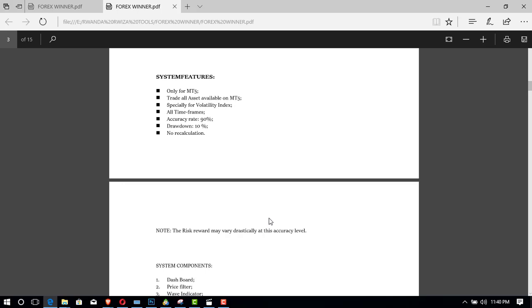Okay, let's continue with the system components. Right now we are going to talk about the dashboard of my system. As you see on this table, it is one of the tables that contain the dashboard or view of my setup.